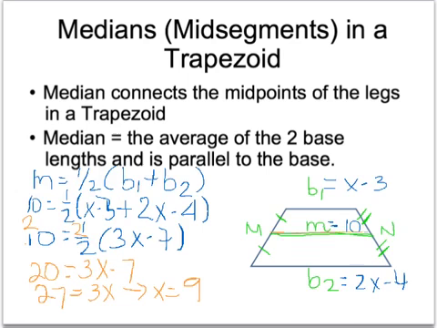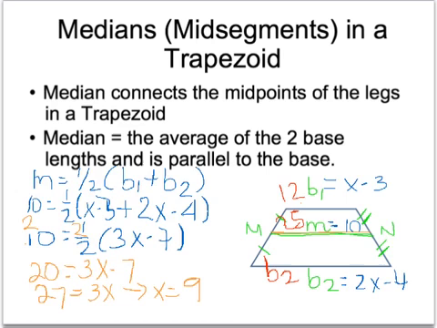This will be a halfway point between these two bases. Another example I'm going to try and squeeze in on this same diagram is, what if I knew that this was 12 and I knew that my median was 25, but I didn't know what base 2 was? Well, rather than using the whole formula, this is like those midpoint problems where you know the midpoint but not the other endpoint.